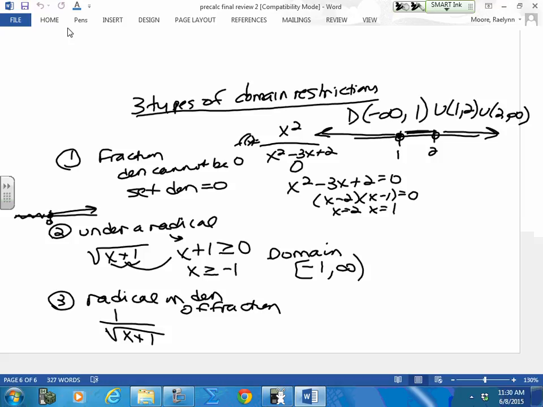It becomes a 0, and my extra restriction is no 0. So I take this out, and I just set it greater than 0. So it's a soft bracket at the -1. There's my domain.